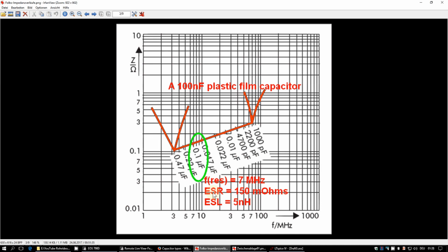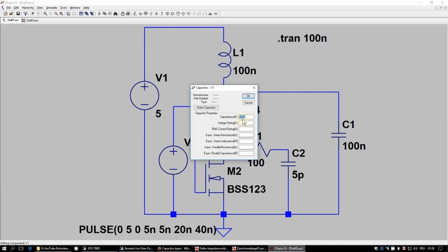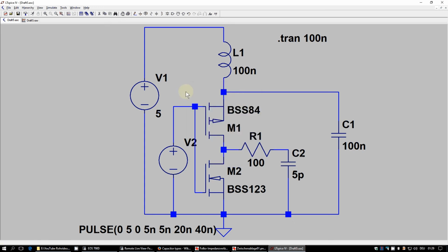But we are only interested now in the ESR and ESL, and let's put these values of a plastic film capacitor, which is, as you might know, not recommended as bypass capacitor for high-speed digital logic, 150 milliohms ESR and 5 nanohenries ESL, into the parasitic values for our bypass capacitor, and see what happens.